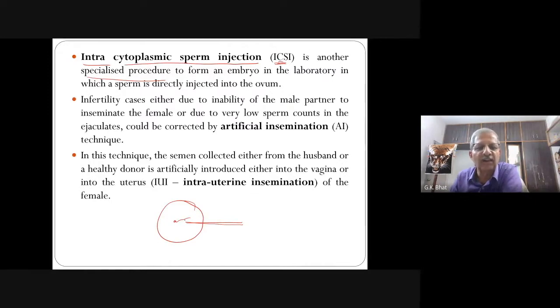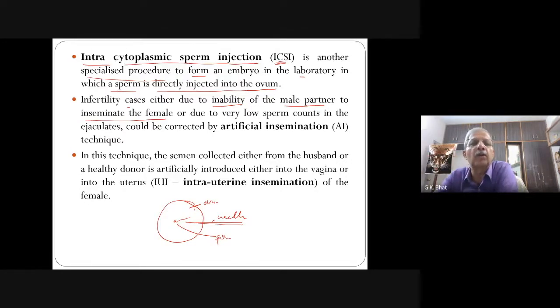Intra means inside the cytoplasm. ICSI is a specialized procedure to form an embryo in the laboratory in which a sperm is directly injected into the ovum. This is the ovum, this is the needle, and this is the sperm. The sperm is introduced. Infertility cases, either due to inability of the male partner to inseminate the female.